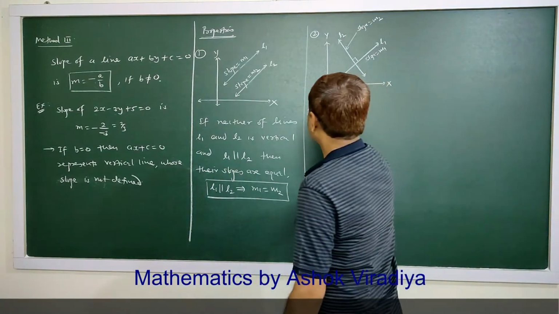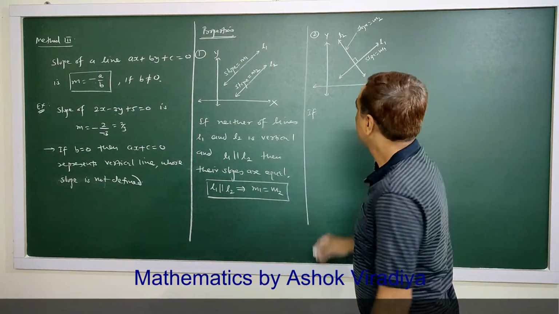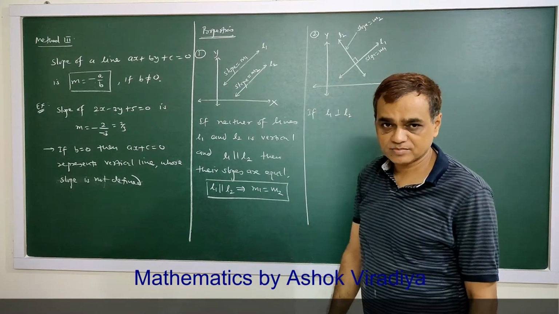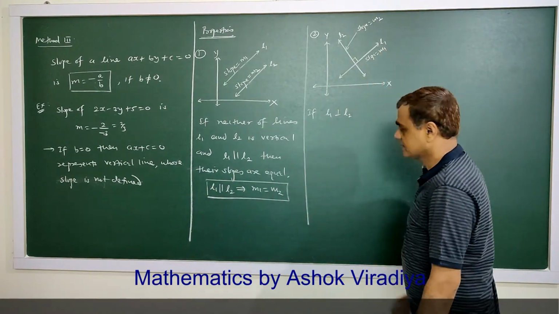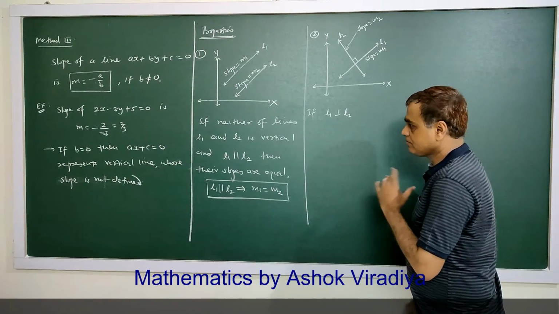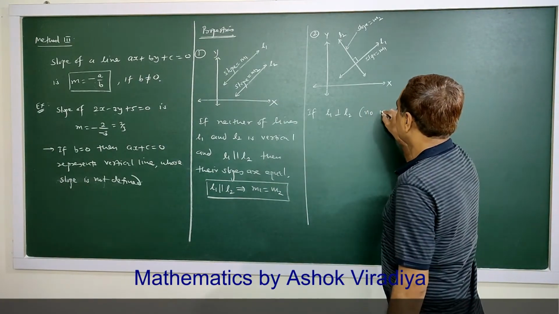So that is the next statement: if L1 is perpendicular to L2, and neither is vertical.